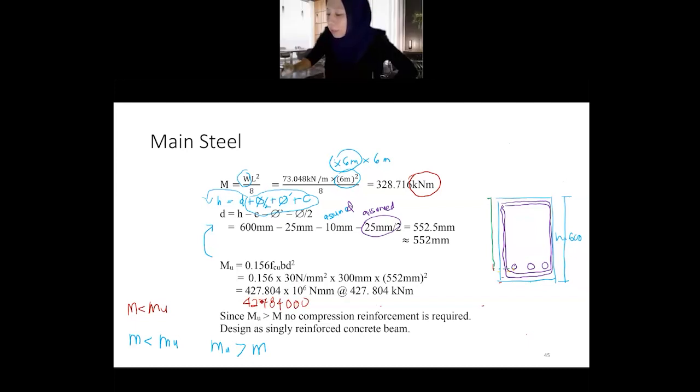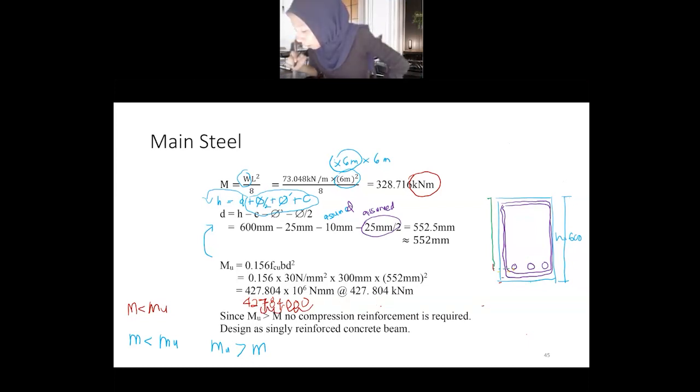Okay, macam ni lah. Okay, bila kita nak convert to kilonewton meter bagi 1000. Okay, bagi lagi another. Okay, I salah tulis. 427 804 123.